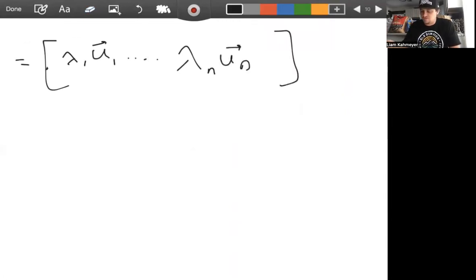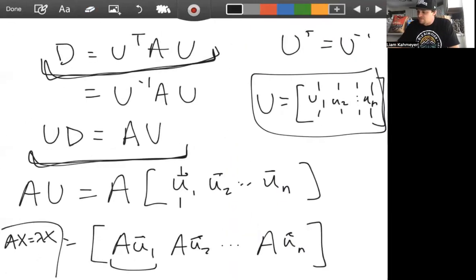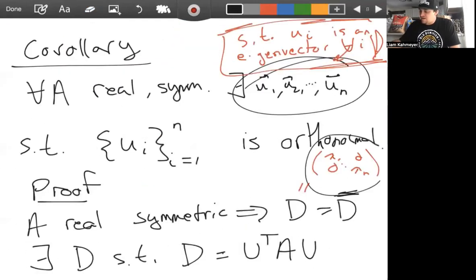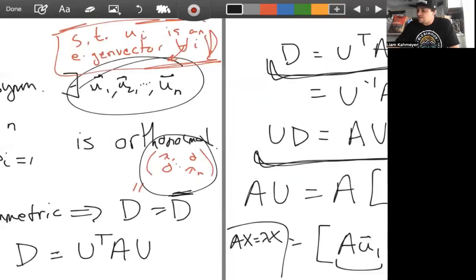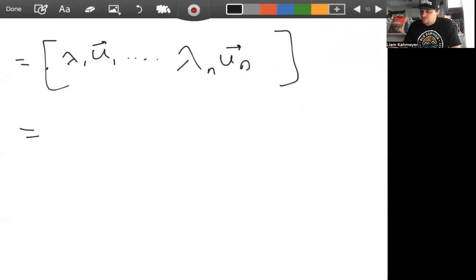But what is this equal to? Remember, the diagonal matrix D is the matrix with entries along the diagonal that consist of the eigenvalues. So this is equal to UD. So what does this mean?